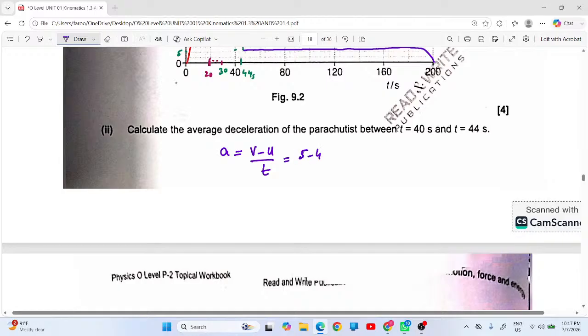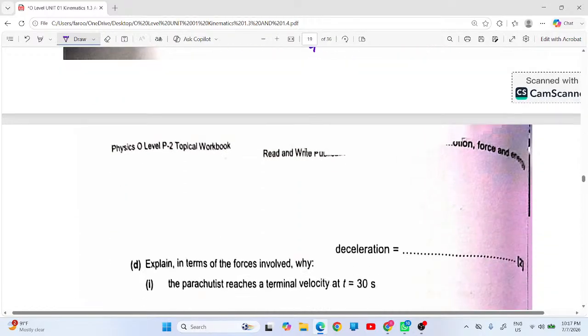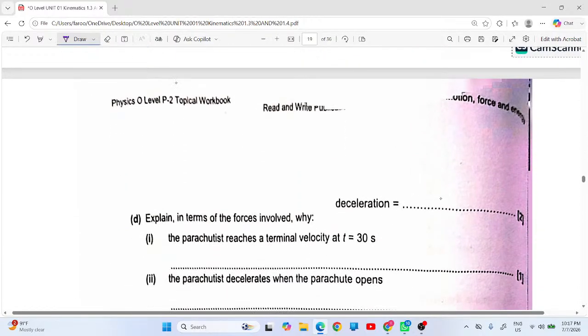Initial speed is 44, and the time taken was 4 seconds. Check. 9.8 meters per second square. Yes, 9.8 meters per second square.